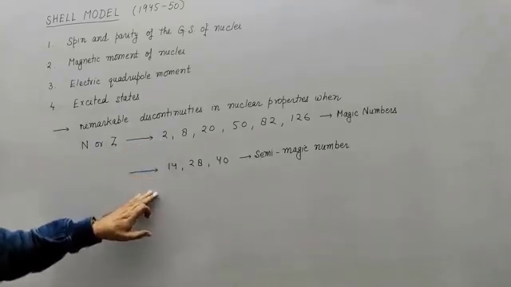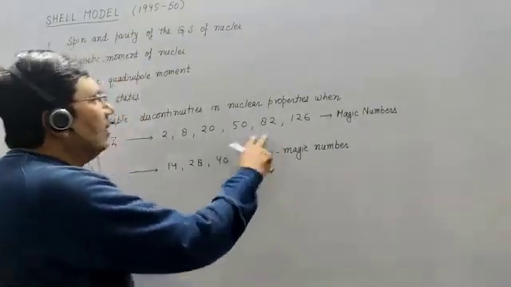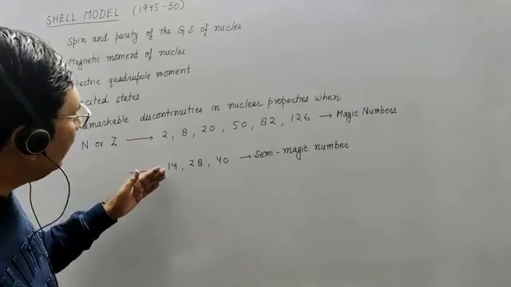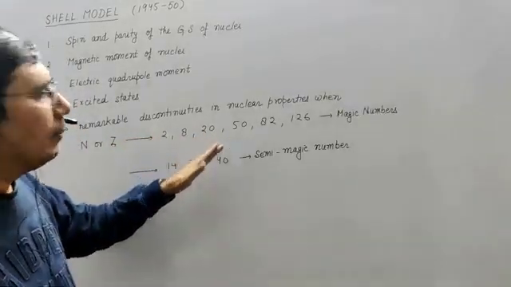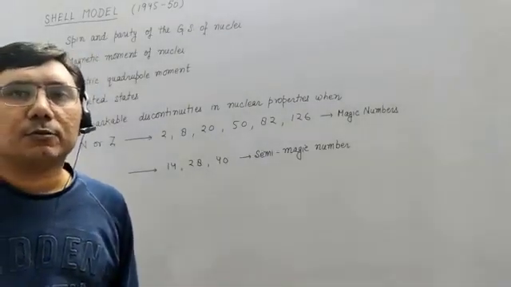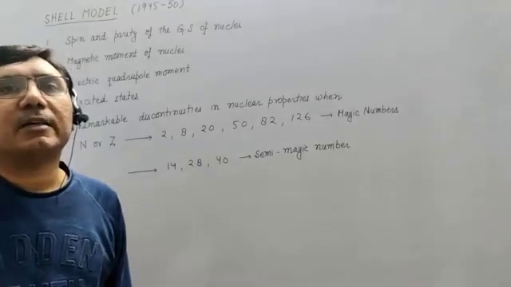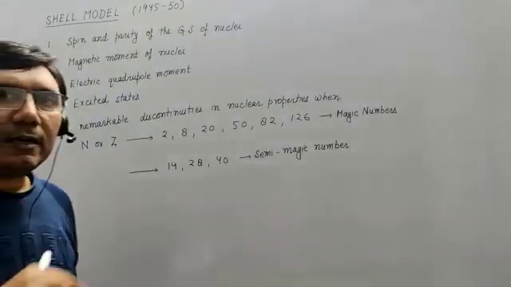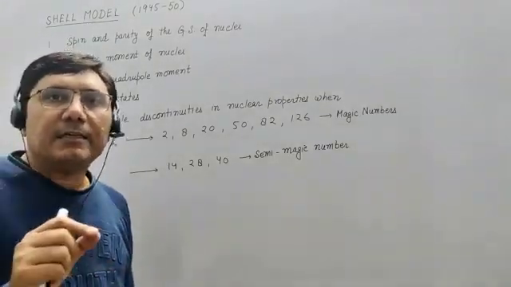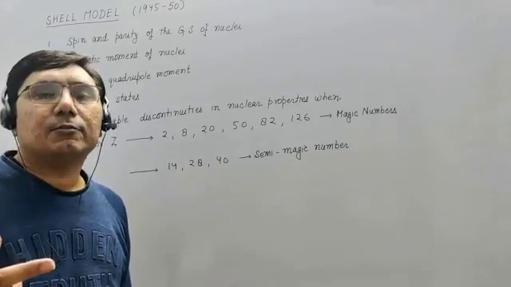To explain this, they revisited the electronic structure of an atom, and assumed that inside the nuclei, protons and neutrons are also arranged in some type of shell structure, and whenever a shell is completed, that completed shell will provide extra stability to the nuclei.